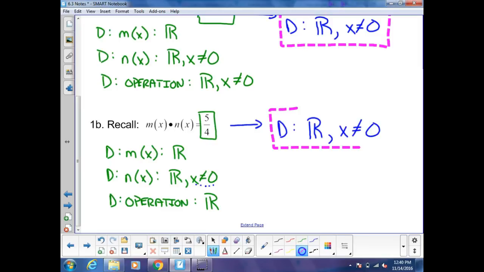Because I couldn't get my operation function without getting all of n. So if I put 0 into n, it doesn't work. It kicks out an error message. So that still has a restriction then that carries on. Clean it up just a little bit more? Okay.